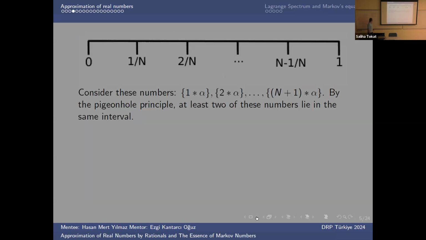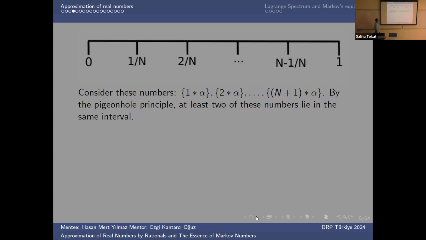We are going to approximate this question with this observation. Let's take the interval from 0 to 1 and divide it into n equal intervals.